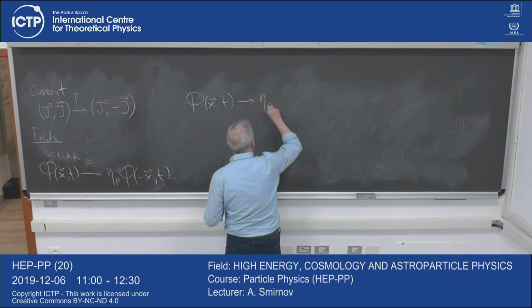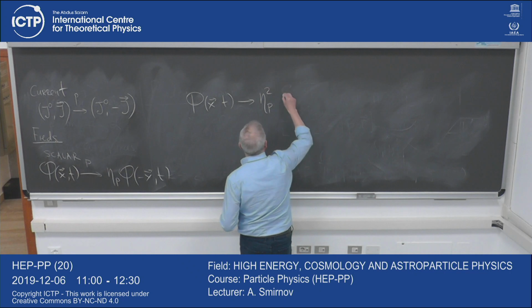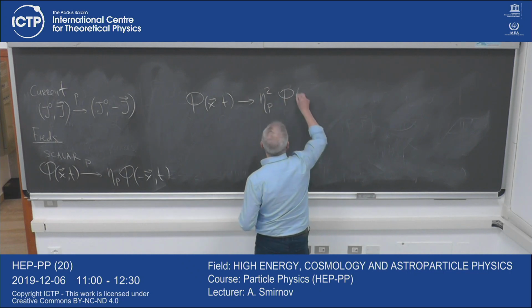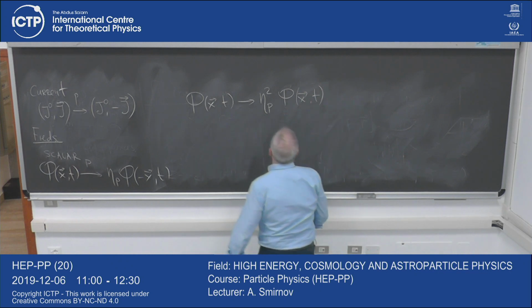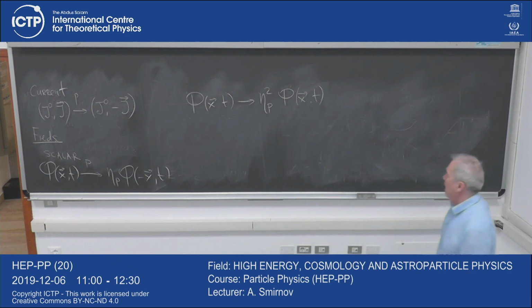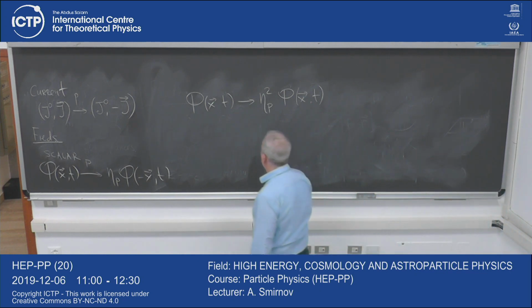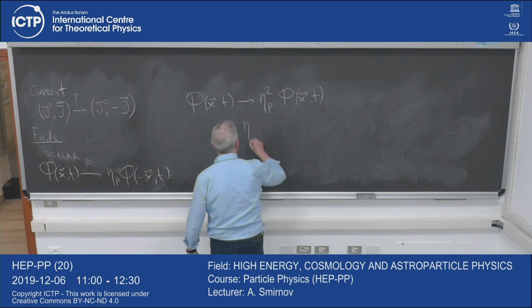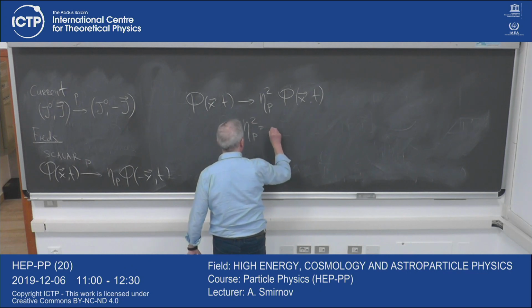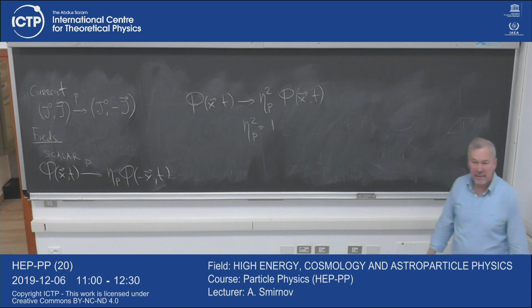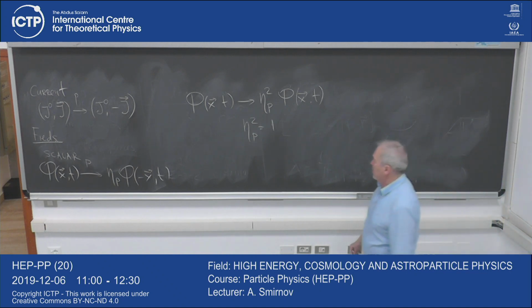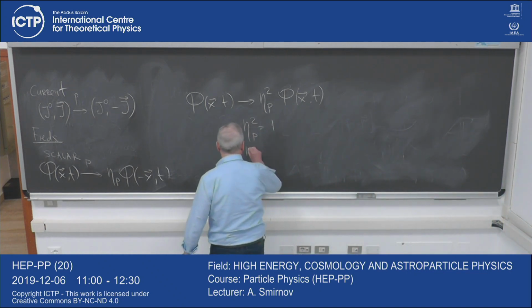But we will get eta P squared times F(x, t). Since we are back to the same state, eta P squared should be 1. And therefore, eta P can be plus or minus 1.